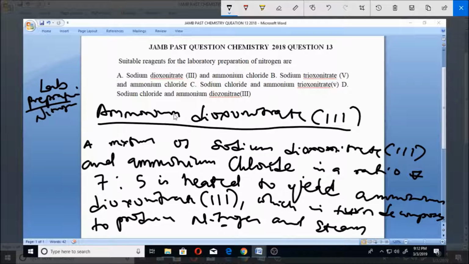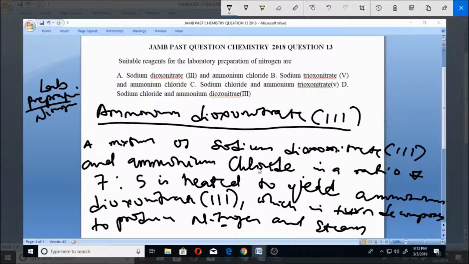But how does this ammonium dioxynitrate 3 come to be? By having a mixture of sodium dioxynitrate 3 and ammonium chloride. That's how you produce this. So once you have a mixture of sodium dioxynitrate 3 and ammonium chloride, you produce ammonium dioxynitrate 3, which can easily decompose on heating to produce nitrogen.